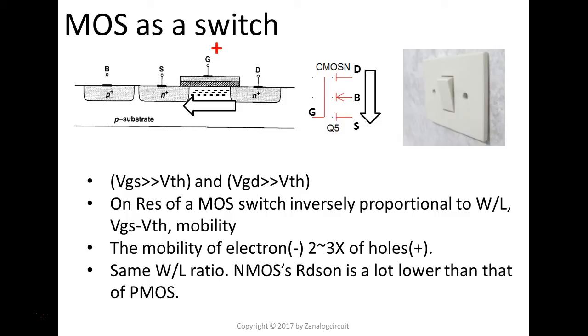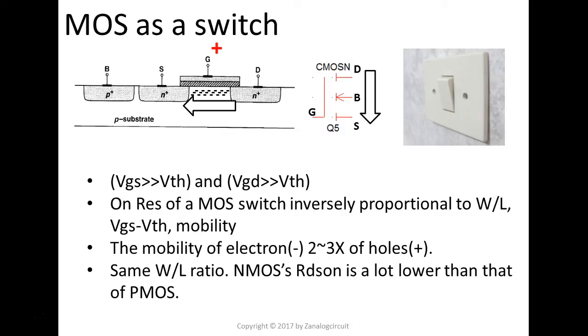That leads to a very important point. When you have a task to design a MOS switch whose RDS(on) needs to be, let's say, lower than 0.1 ohms or so, you find out that the MOS switch is going to take a lot of chip area. Chip area is equivalent to the cost to manufacture the chip, so the bigger the chip area the transistor takes, the more it costs to manufacture.